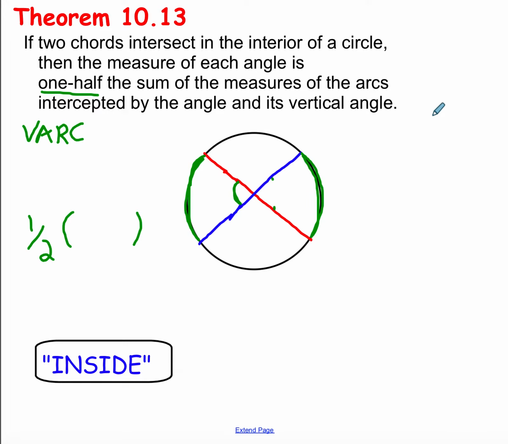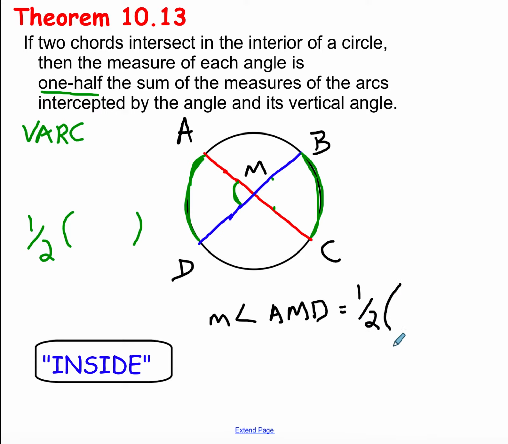I'm going to add some notation so that we can talk about this in depth. I'm going to call this point A, this point B, this point C, and this point D. Here's what this theorem says. The measure of angle, and I'm going to call this point in here M, the measure of angle AMD, that's this angle right here, is going to be 1/2 the sum of the measure of arc AD.